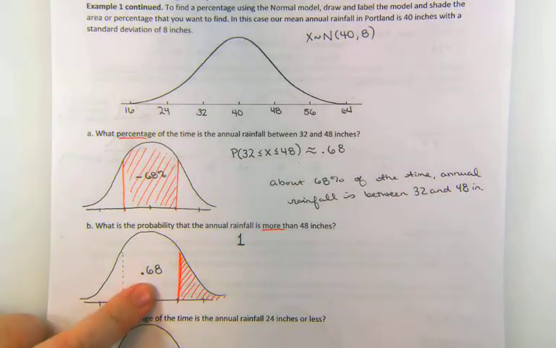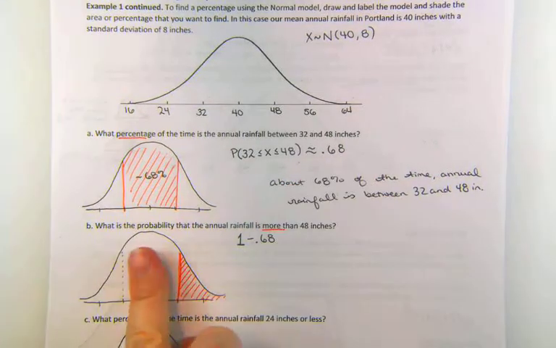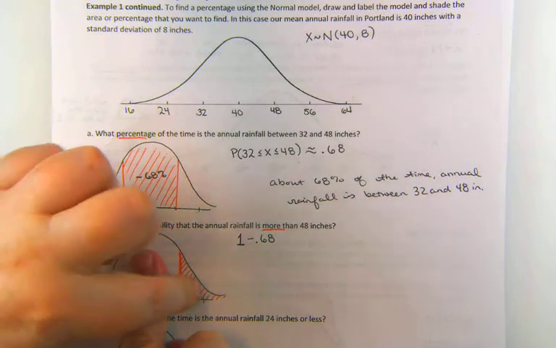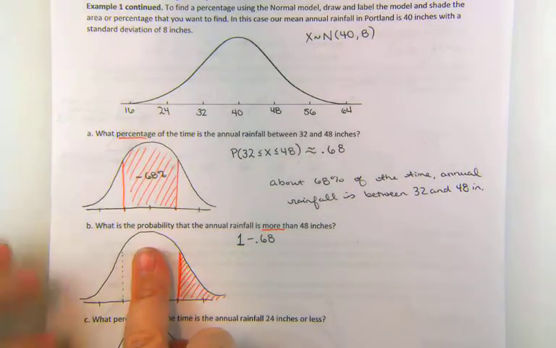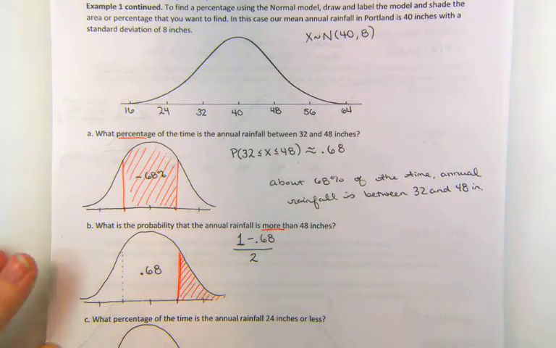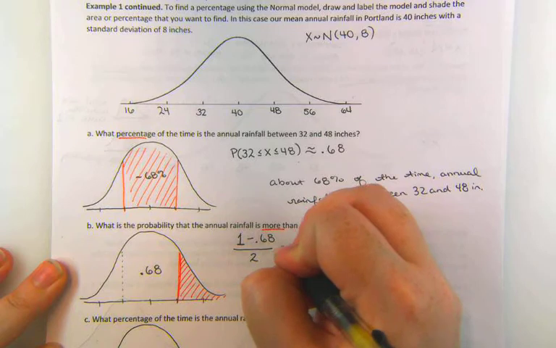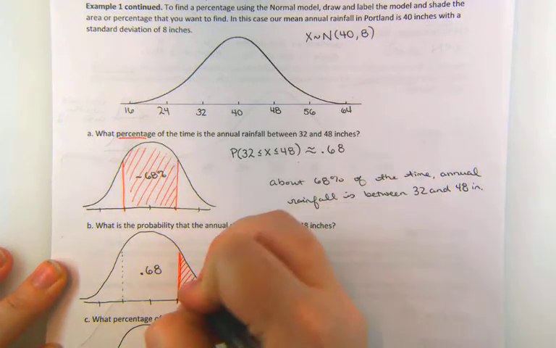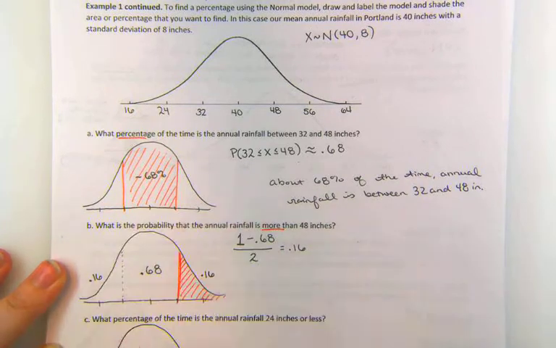So what we want to do is use the idea that this whole curve is equal to 1. So we have this 100%. If we take out that 68%, now we'd have the area in the two tails. So for the area in just one of the tails, we just need to cut it in half. And that would give us 0.16.